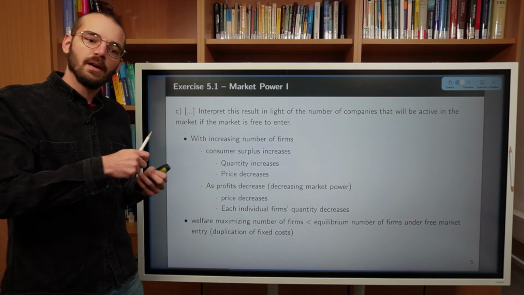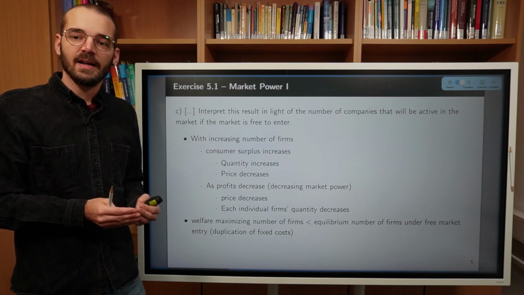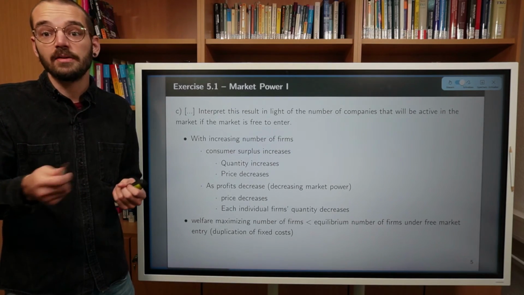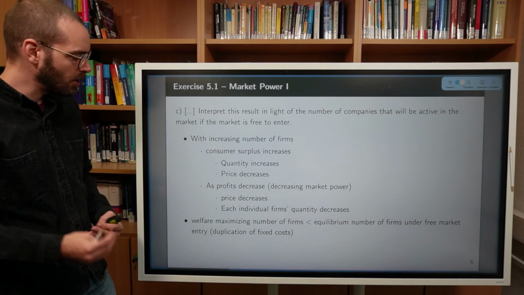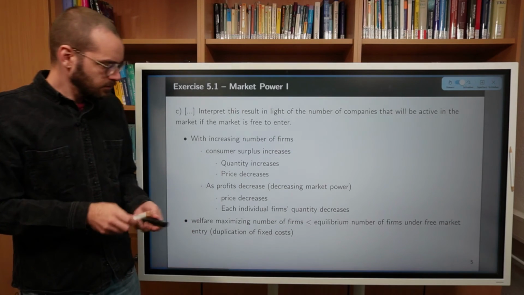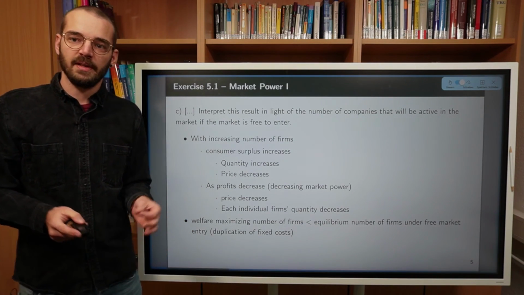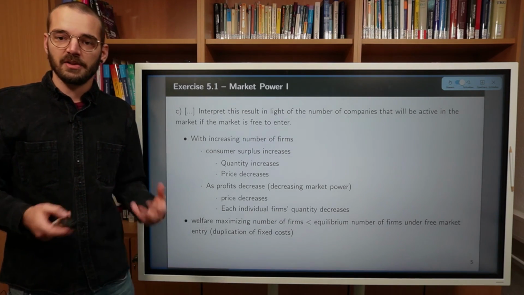So it's not straightforward at this point to answer the question on what the effect is of the increase of the number of firms on the total welfare, because of these two opposing effects. Okay, so we really can't tell at this point what the welfare maximizing quantity would be because of these two opposing effects.